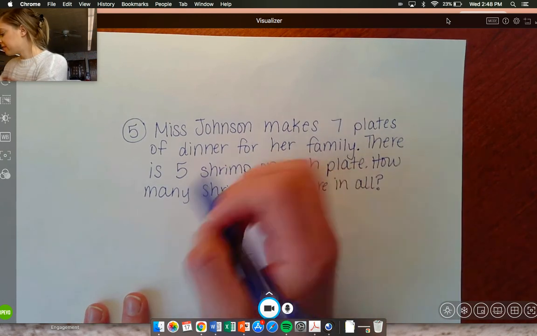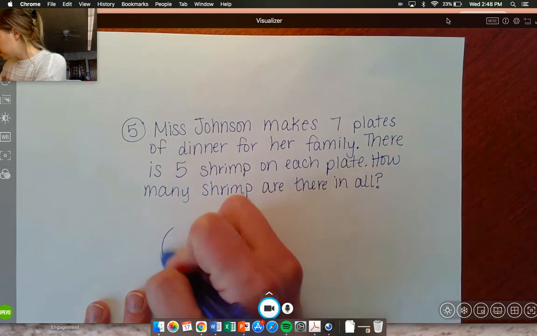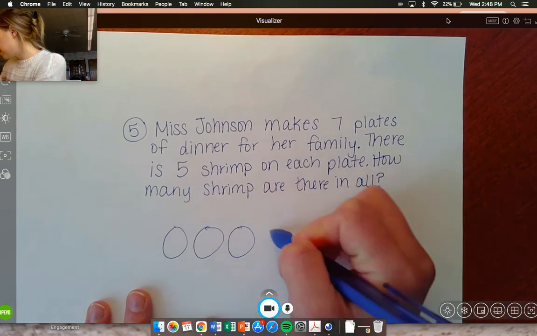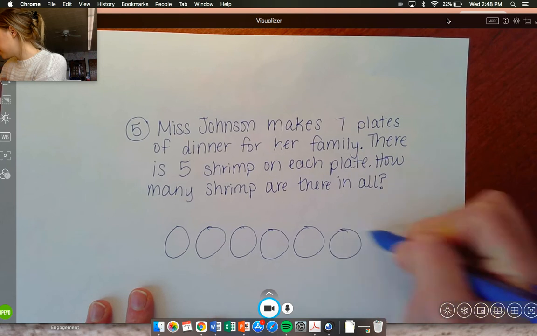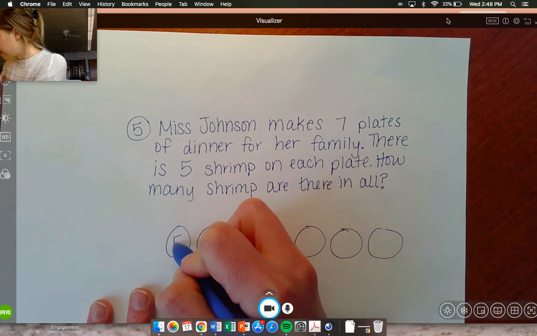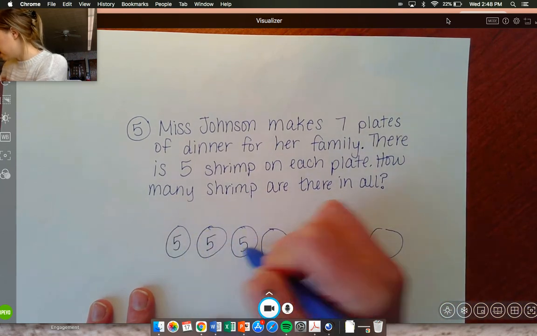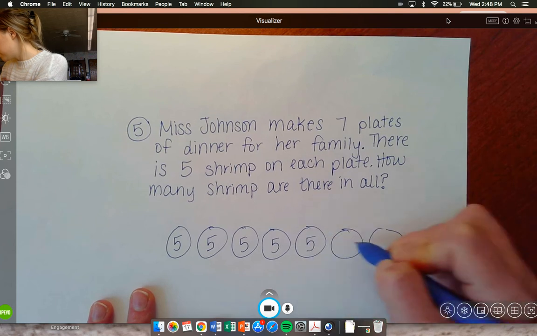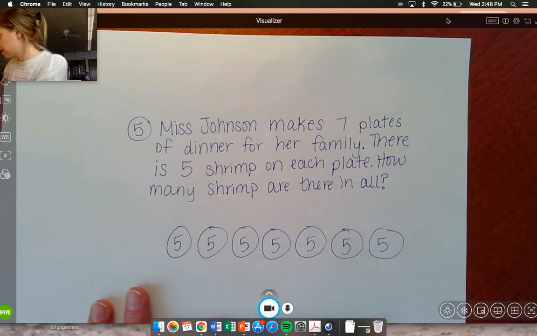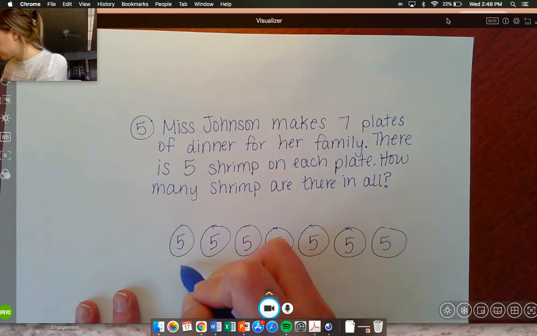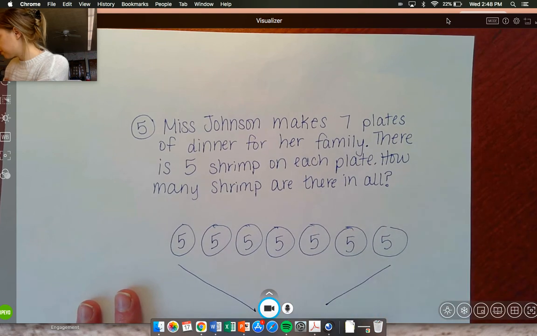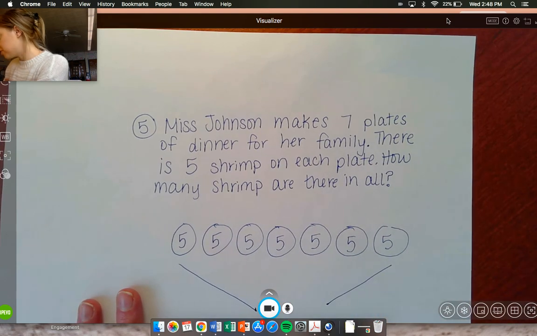So if I make 7 plates of food, 1, 2, 3, 4, 5, 6, 7, and there's 5 shrimp on each plate, I need to know how many shrimp there are together.